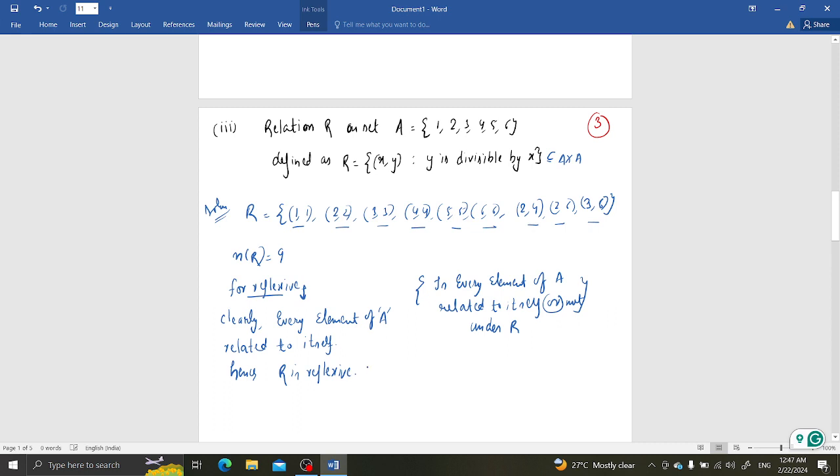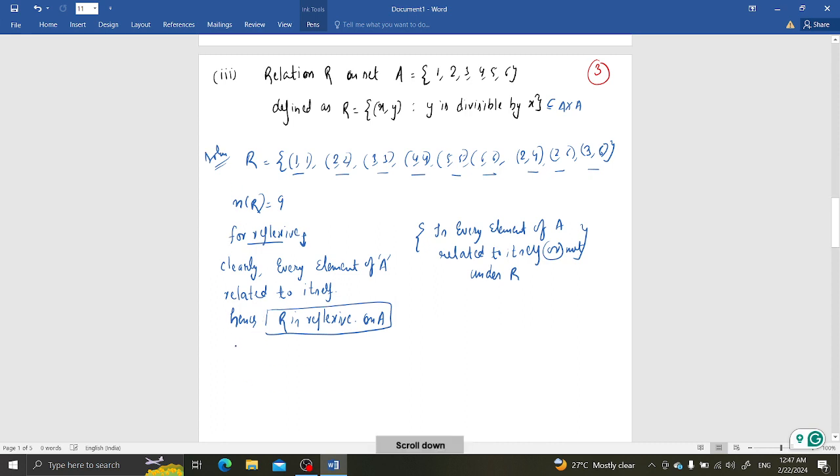R is reflexive on A. Done. Now next will be for symmetric.